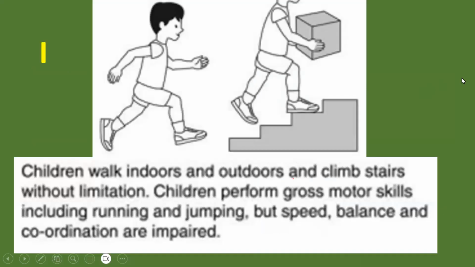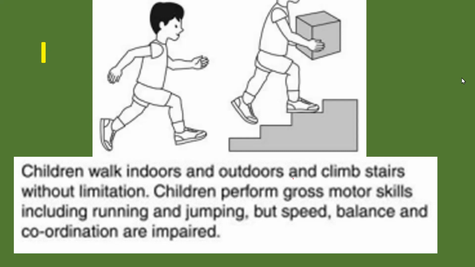Children who walk indoors and outdoors and climb stairs without limitation. These children perform gross motor skills, including running and jumping, but the speed, the balance, and coordination are impaired.